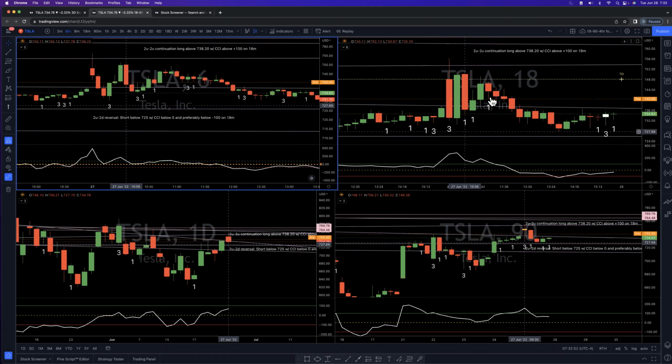It had not crossed below 0, so plus 100. These were piano keys, but big ranges. This range was 756 to 732, guys, 20, 24. This was 751 to 730, another 20. This one, 750.34 to 734.16. Just big ranges.